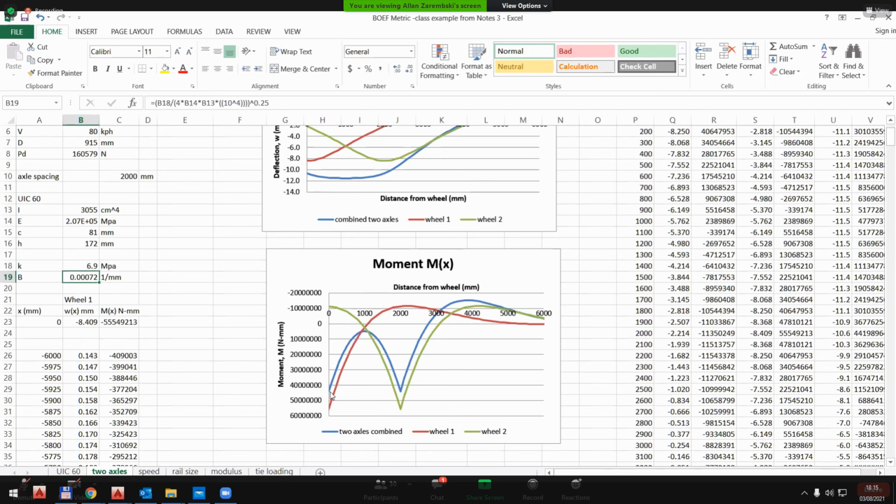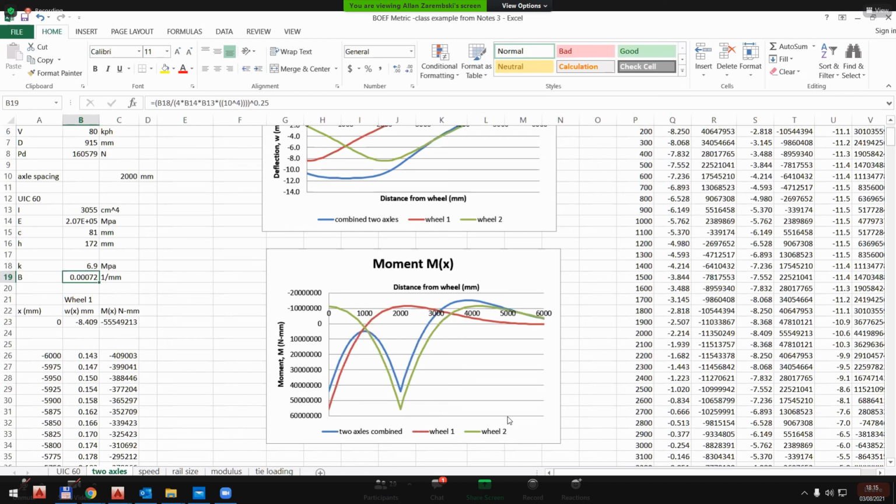You see how the blue is less than the red? The blue is about 40. What are the units there? About 40 million newton millimeters. And the red's about 55. Can you see this?